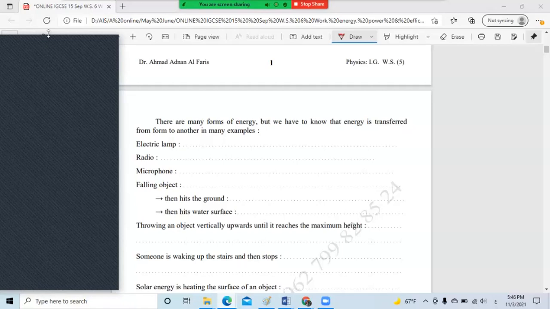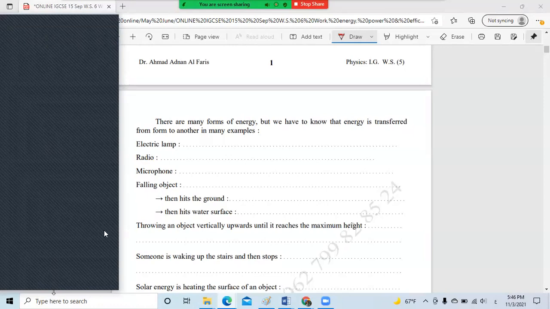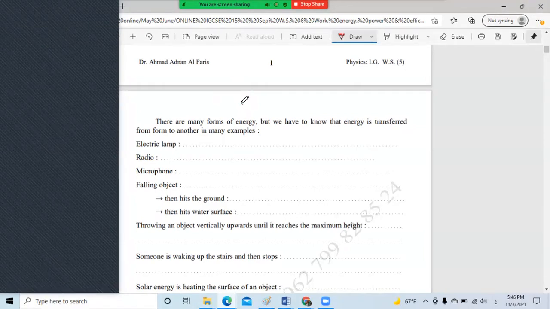Yes, exactly. Energy cannot be created nor destroyed. It's only transferred from one form to another or from one object to another. Thank you. So from this, we can return back here.